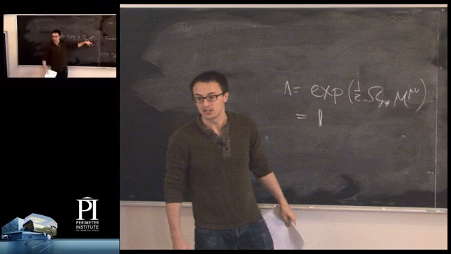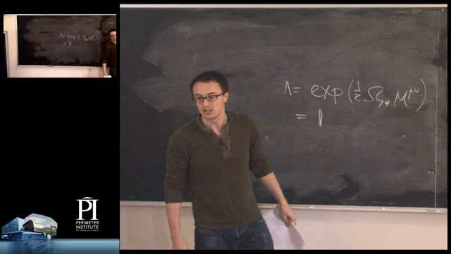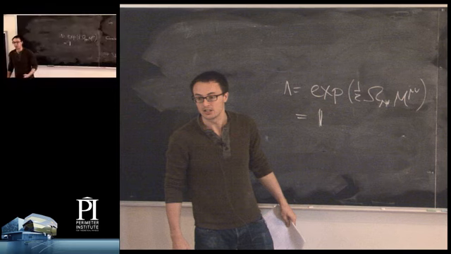For the vector representation, you should plug in the same value of var phi defined in the same way with the epsilon symbol, and you'll see that this gives 1 and not minus 1. It's definitely worth checking that. It turns out it's actually this factor of a half here which is giving this minus sign. But there's enough factors of a half floating around that you should be careful and check this.